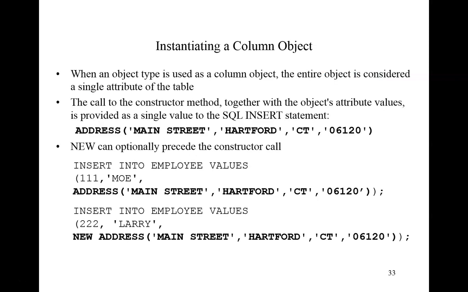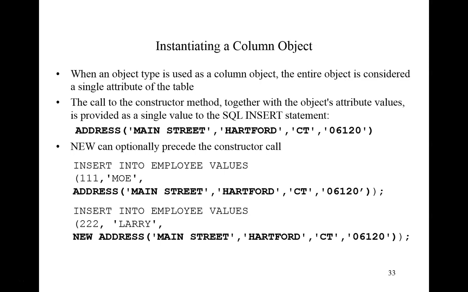Now, when an object type is used as a column object, the entire object is considered a single attribute of the table. The call to the constructor method, together with the attribute values, is provided as a single value to the SQL insert statement when we're inserting a row into the table that will hold the column object.